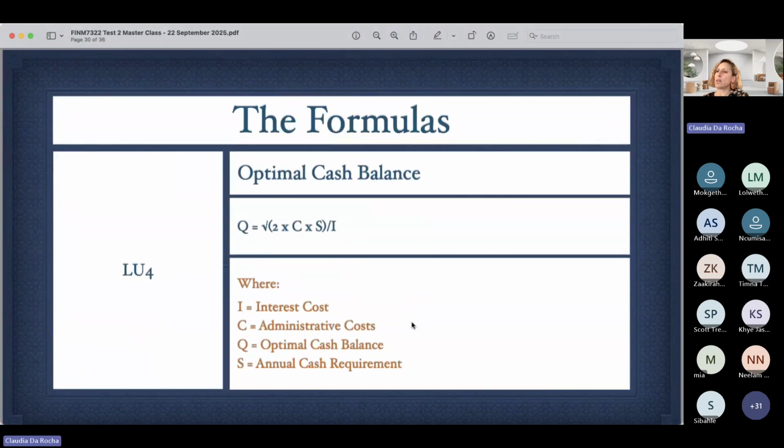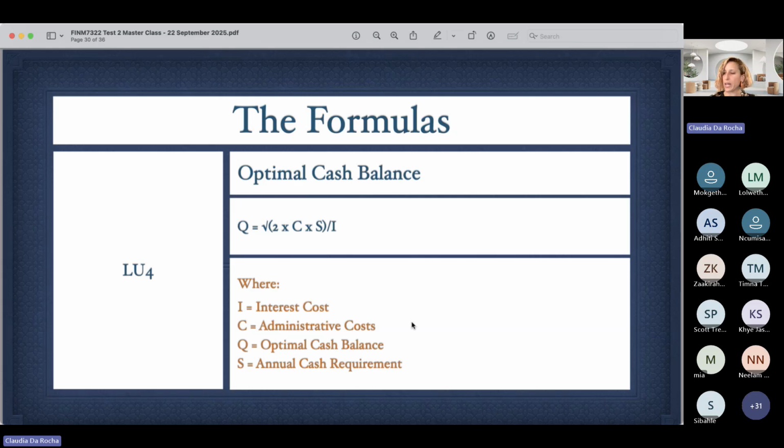Right. Okay, now that we've looked at those key items under inventory management, we now need to look at accounts receivable management. Okay. So with accounts receivable management, we obviously have our average receivable or accounts receivable days. That's one way to manage.